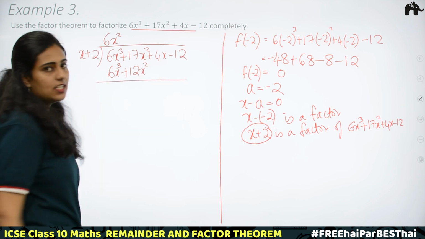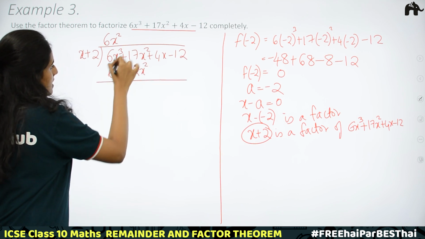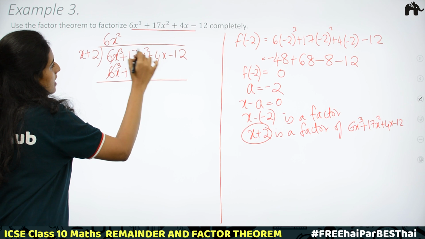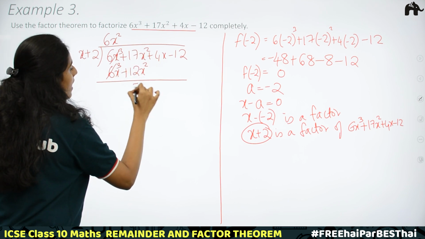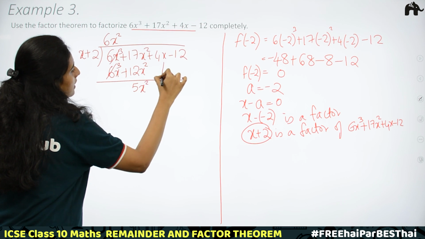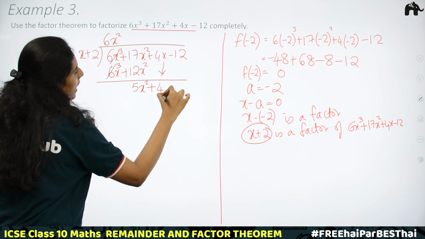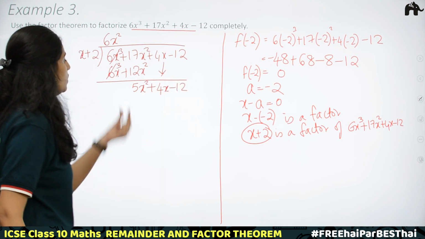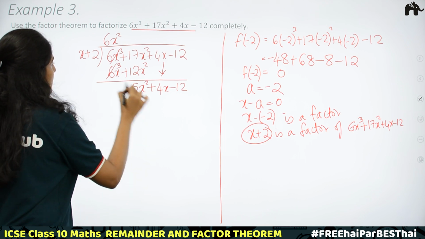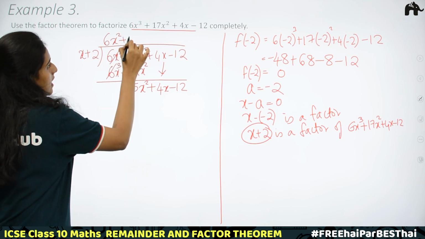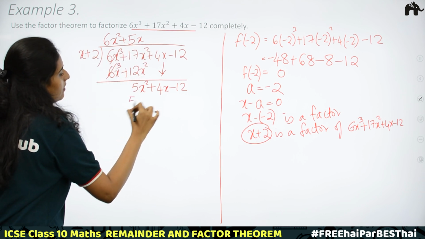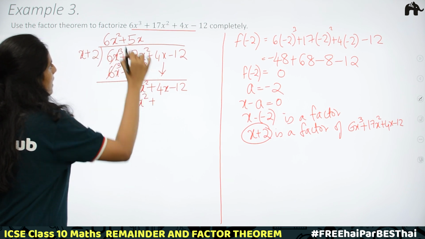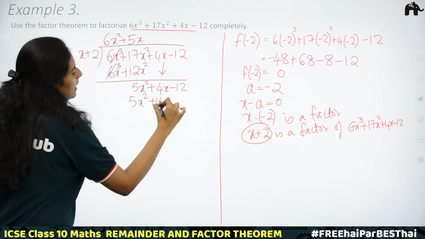On subtracting, what do we get? Here it is 0. 17x square minus 12x square, that is 5x square. Taking this down, plus 4x minus 12. To get 5x square, we have to multiply x and 5x.